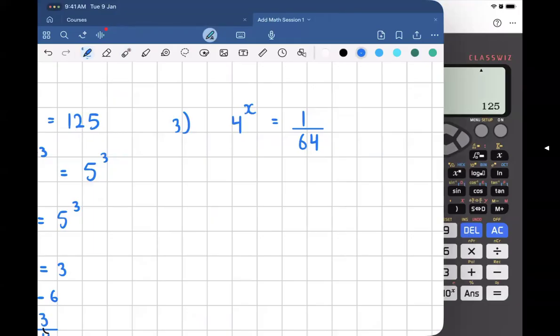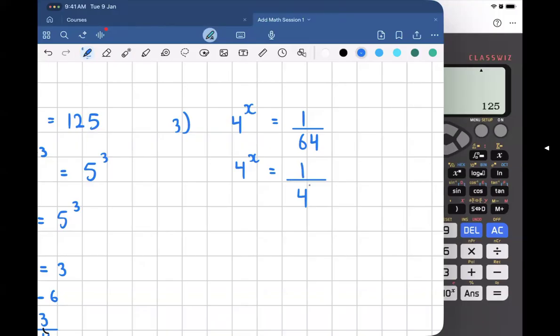before we do anything, remember you want to get the same base on either side. So before I do anything, I could write 64 as 1 over what? Tell me, Sheena, is it possible to write 64 as 4 to some power? Four cubed.